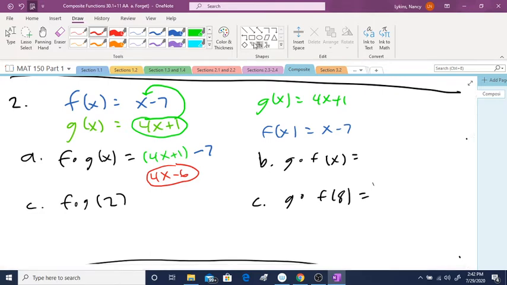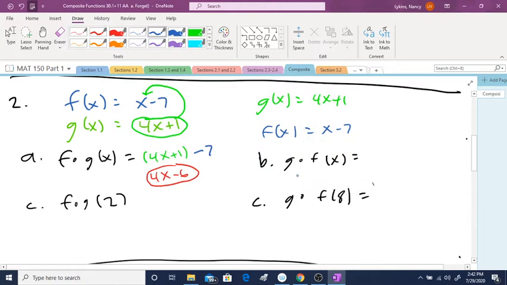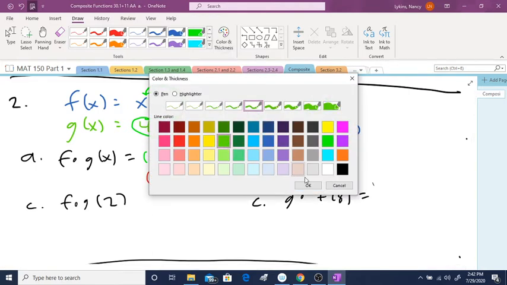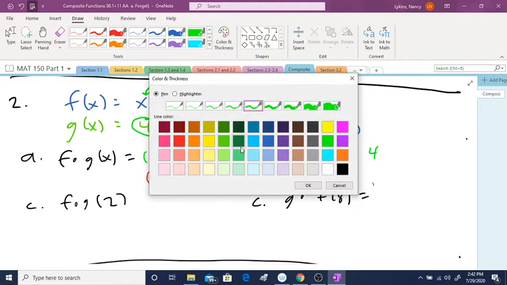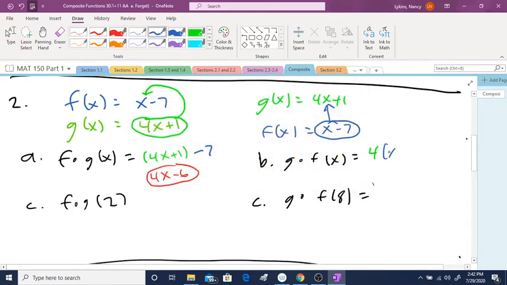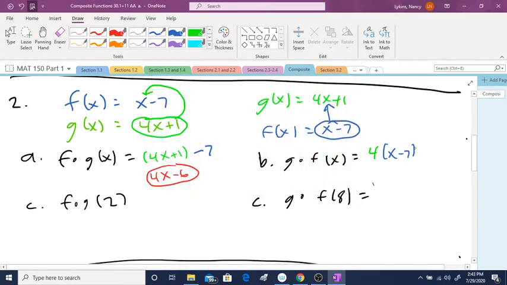In part B, now the g is the main one, so I'm going to take this x minus 7, and I'm going to plug it in for that x. So I still have that 4, but now I'm substituting in x minus 7, and still in that first part, I still have that plus 1.